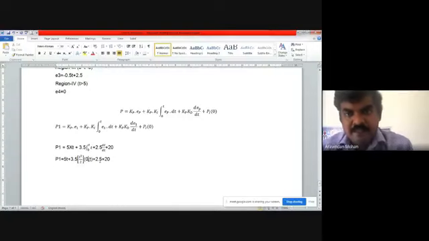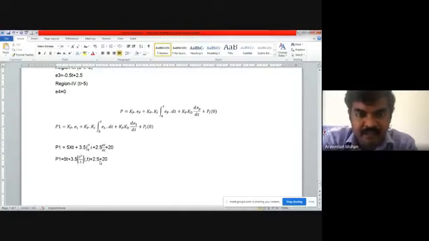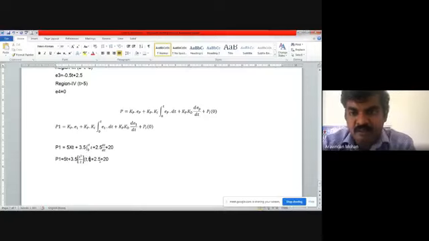So let us take the upper limit as t here and the lower limit as 0 here.